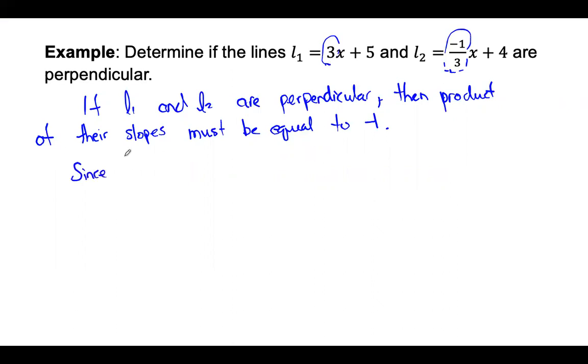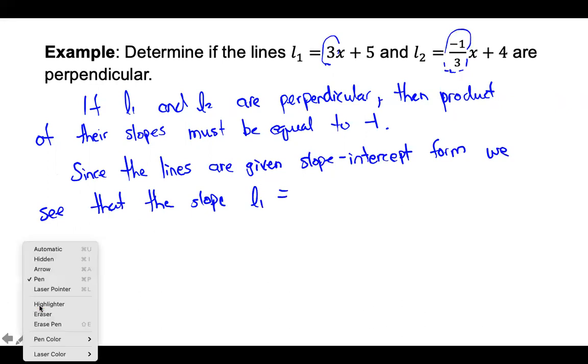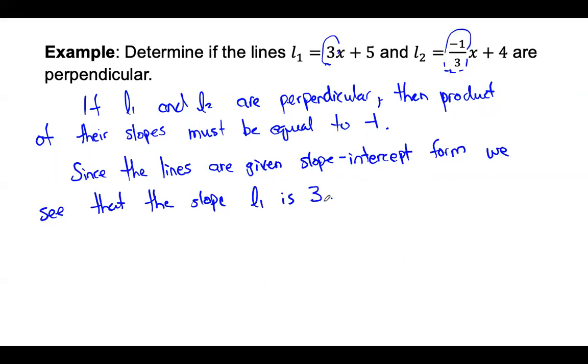Since the lines are given in slope intercept form, that's the title, kind of intuitive, we see that of course the slope of L1 is 3, and the slope of L2 is -1/3.